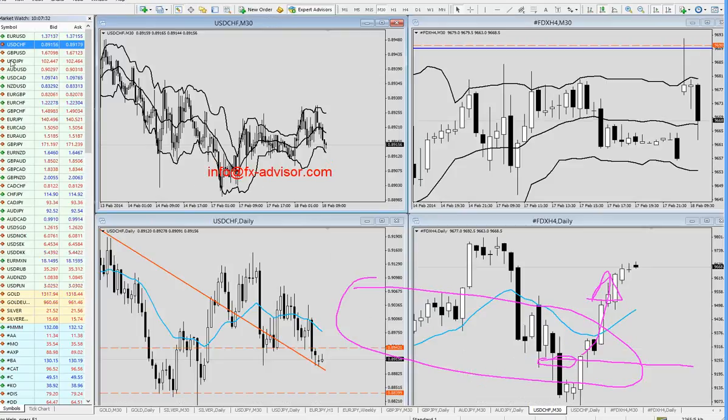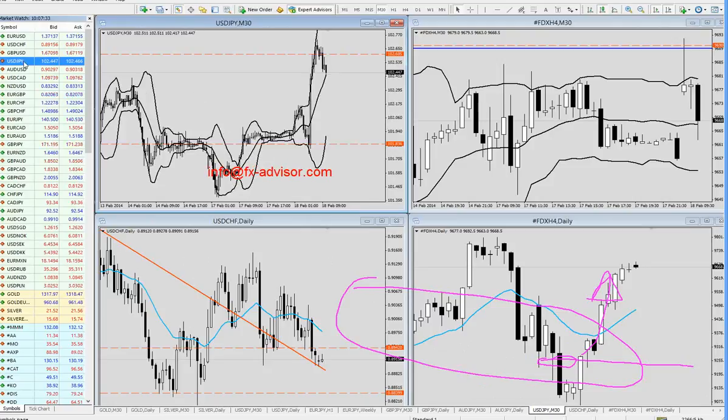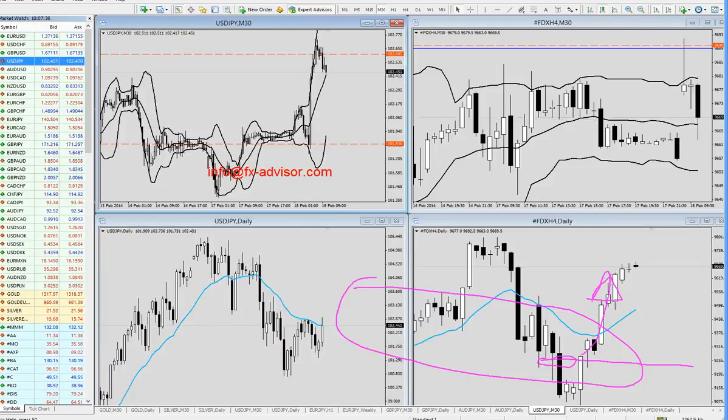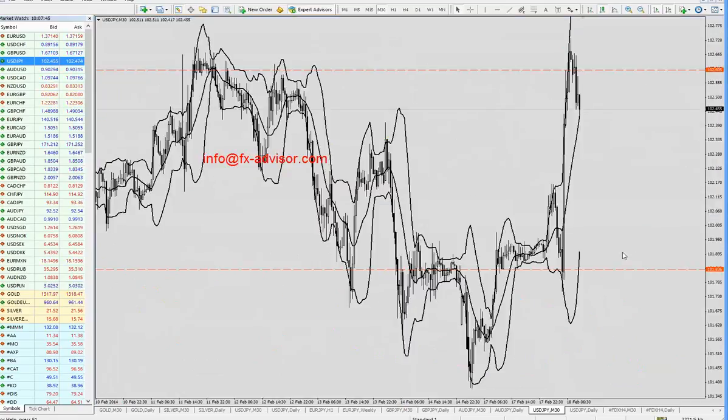And the last one, dollar yen. As you remember, yesterday we took a long position here.